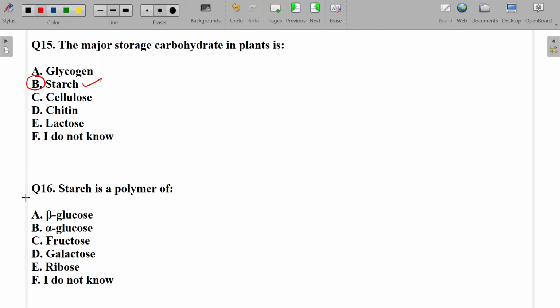Starch. 16. Starch is a polymer of A. Beta glucose. B. Alpha glucose. C. Fructose. D. Galactose. E. Ribose. F. I do not know. Alpha glucose. Yes, alpha glucose is what makes up the starch.